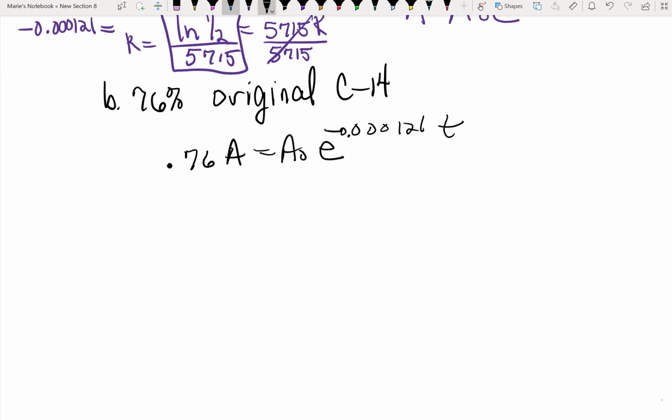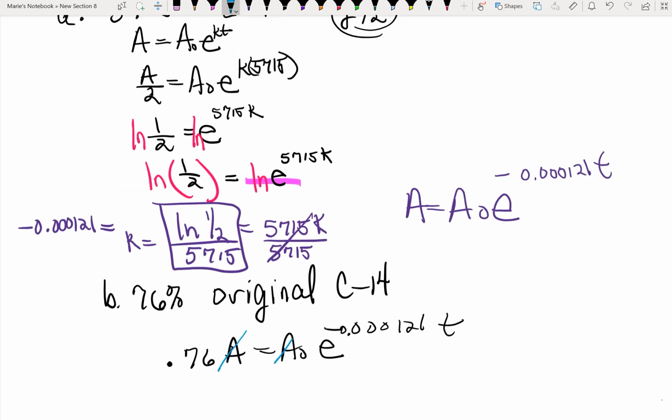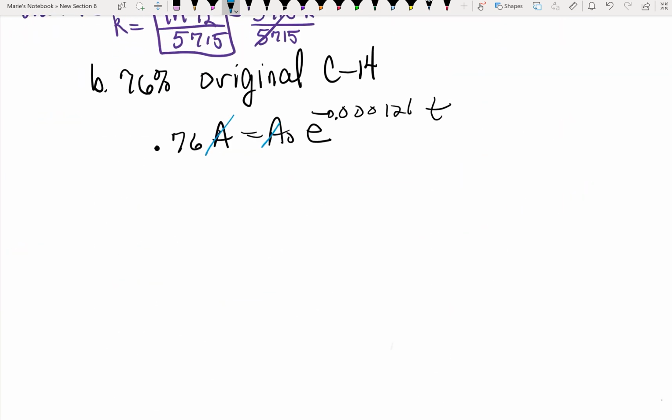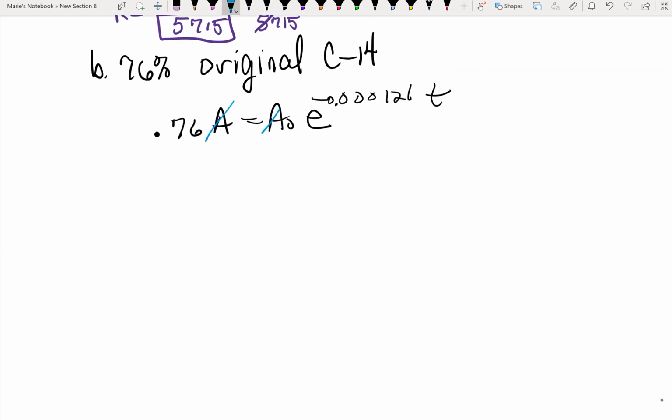Again, the A's cancel themselves out because they're on both sides of the equation, just like we did here. We actually cancel these out, leaving the 1 by itself in the previous example. So we now have 0.76 is equal to e to the negative 0.000121 and t, which we're looking for. Remember, these are all legitimate values.